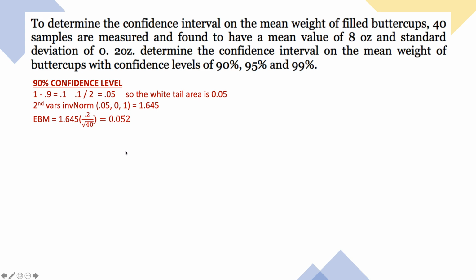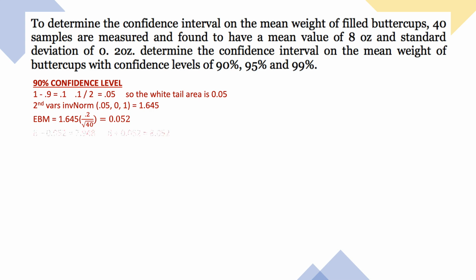Up until now, I needed to do the work on the first line that says 1 minus 0.9, and then the calculator does the second bar's inverse norm and the error bound calculation when you press the buttons.